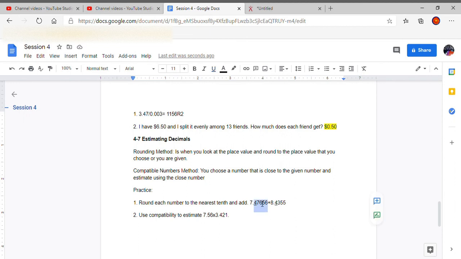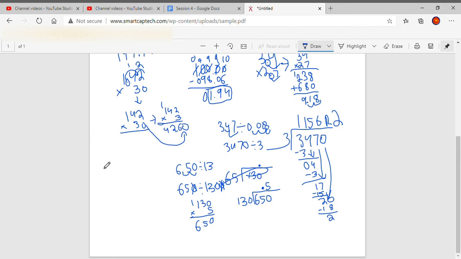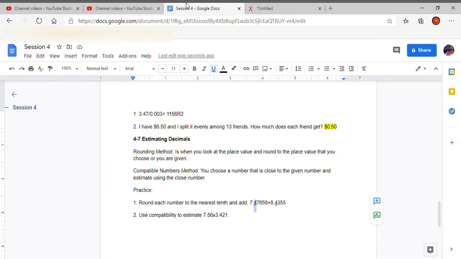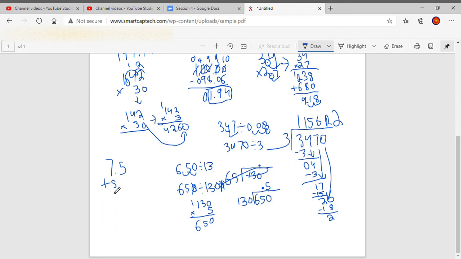So this is greater than 5, meaning you make this go up to 5. So it would be 7.5 plus, this time it's 4 low, so you go down. 4 low, stay the same. So it would be 8.4, and you forget about the other numbers.